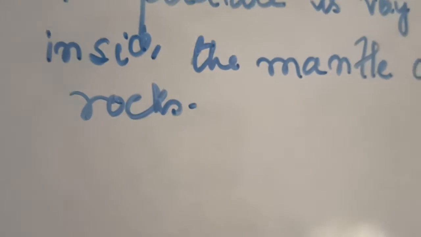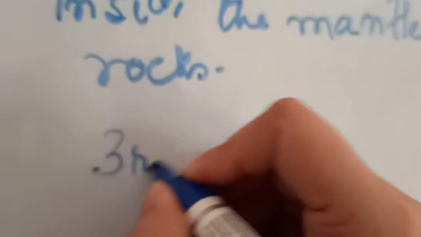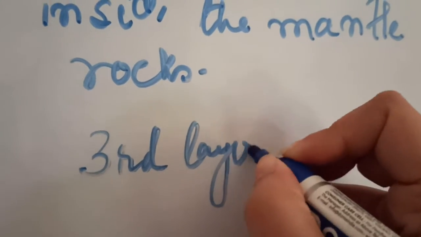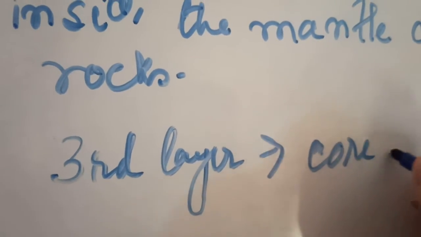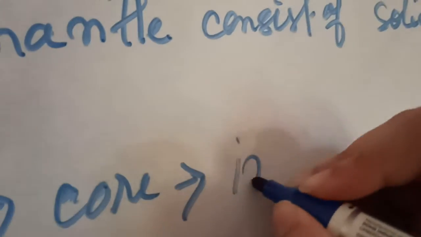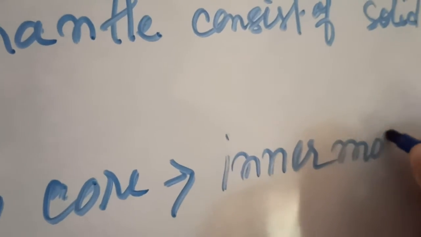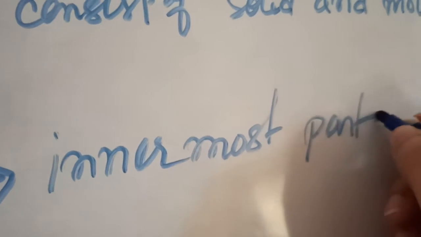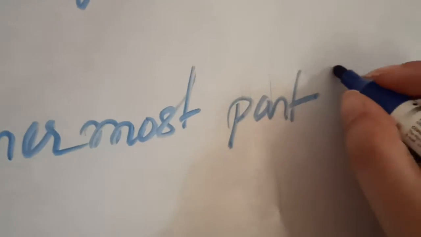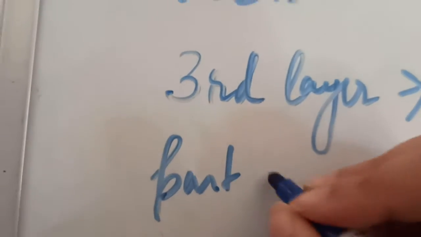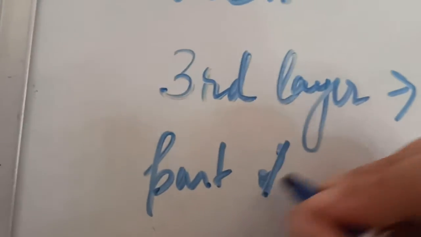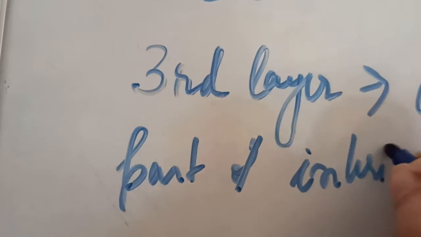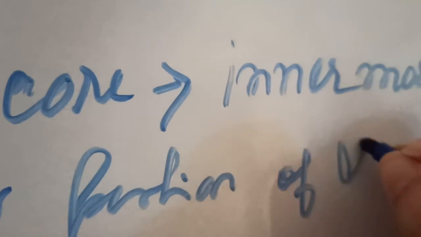The last layer, or the third layer of the earth, is known as the core, which is the innermost part, the central or interior portion of the earth.